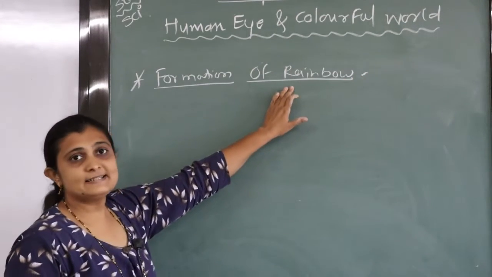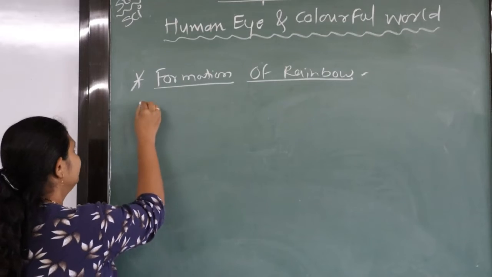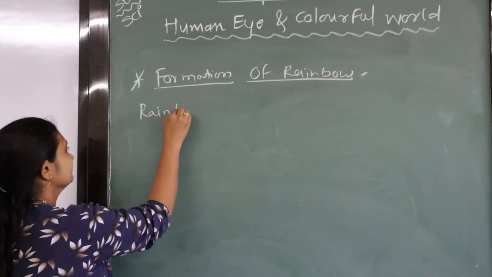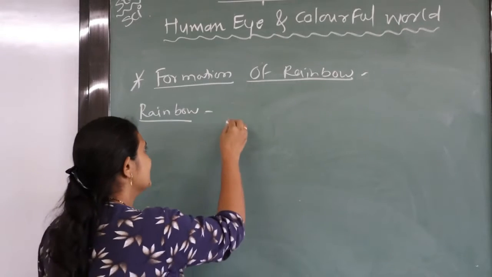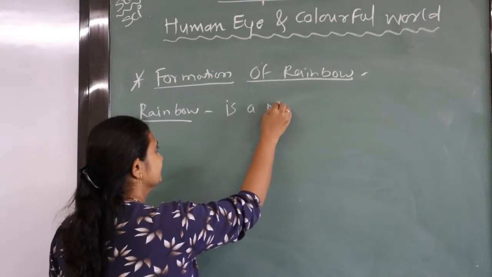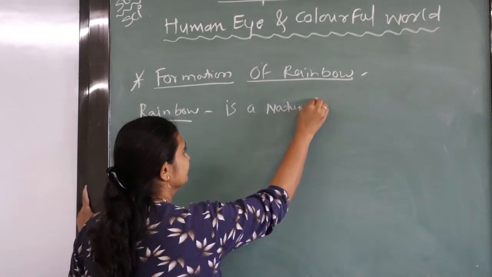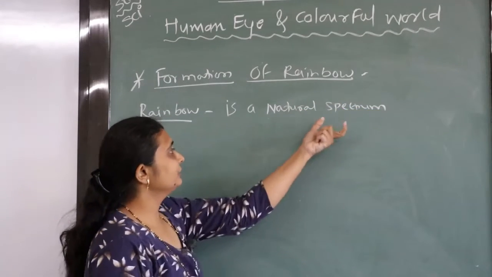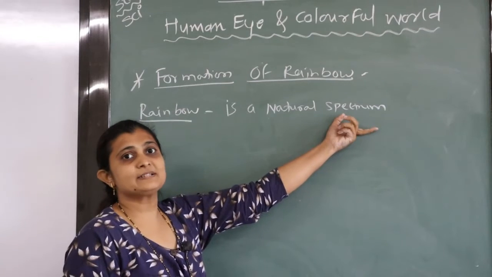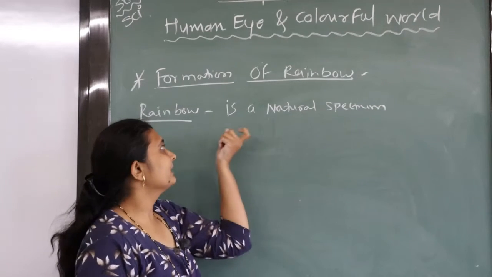First of all we will see the definition of rainbow. Rainbow is a natural spectrum. Now you already know what the spectrum is. The band of 7 colors is called the spectrum.